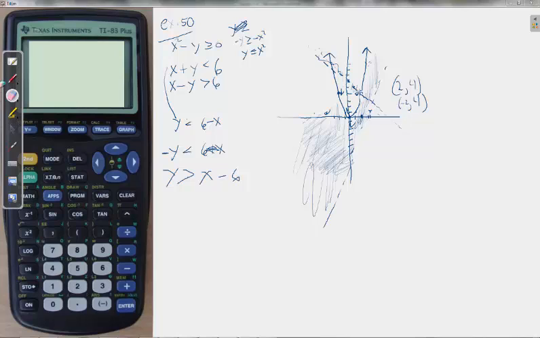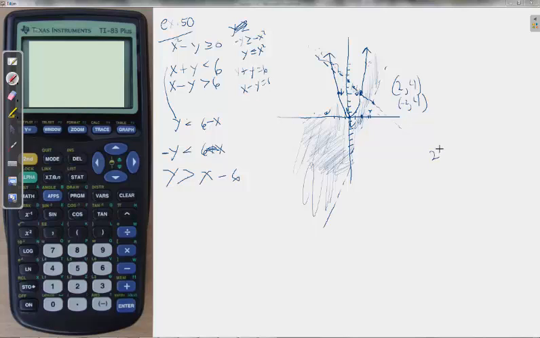So the different vertices are here at 2, 4, with 2, 4, 6, yeah. That would work just fine. And here, which would be the intersection of the 2 lines, that'd be easy enough to take. You get x plus y equal 6 and x minus y equals 6.